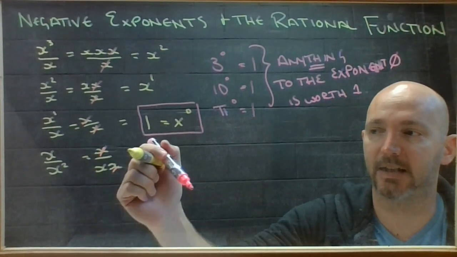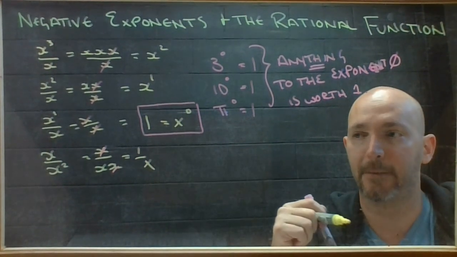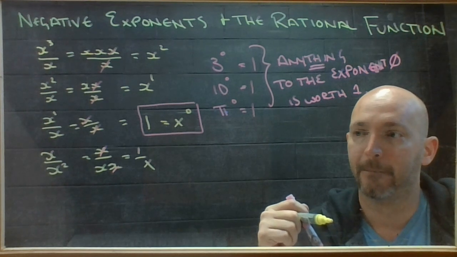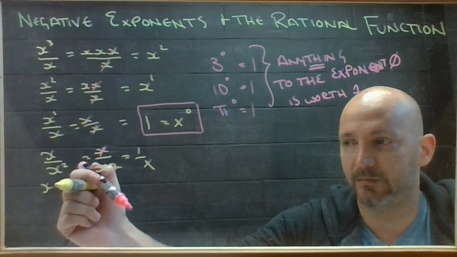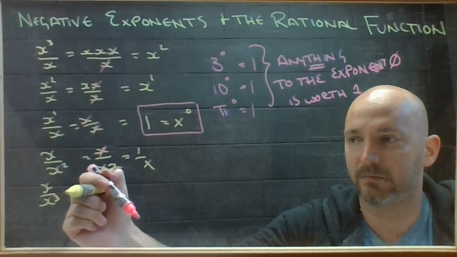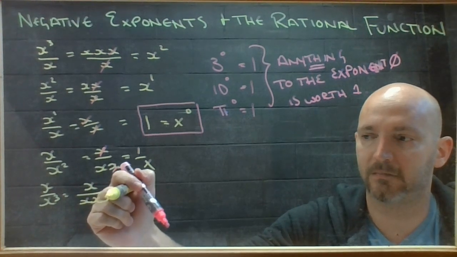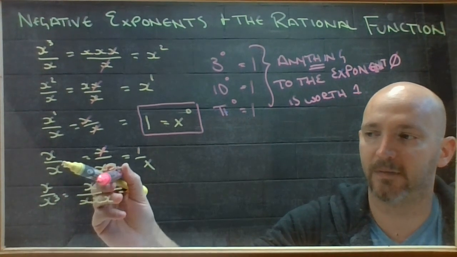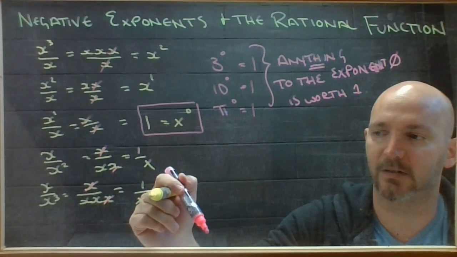That divides that, and I'm left with 1 over x. If I do it again as a cube, one of these divides one of those, and I have 1 over x squared.